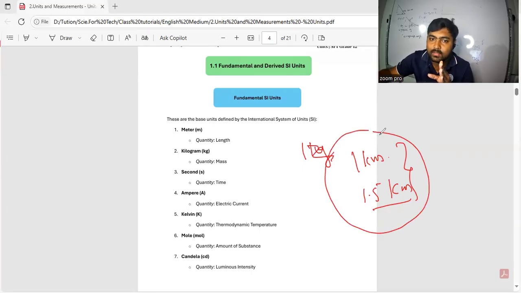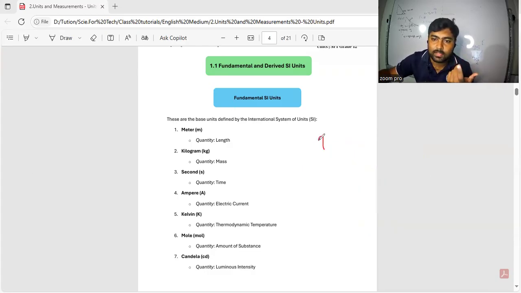That's why different unit systems have been introduced. As an example, there is something called the British unit system. In the Sri Lankan scenario, usually the British unit system is not used, but in some cases it is.